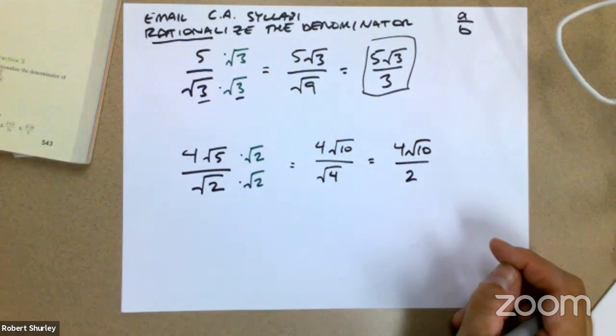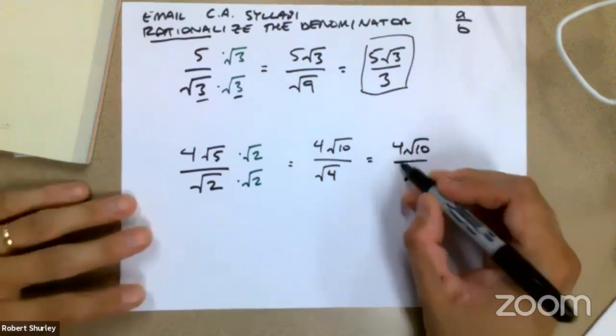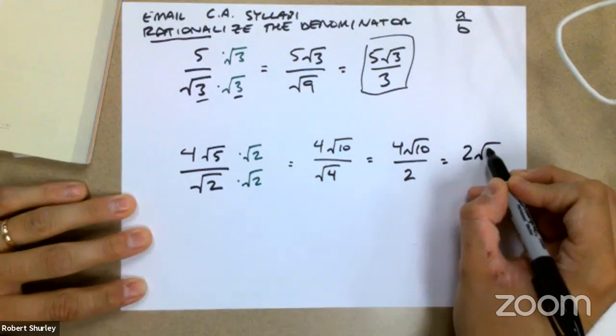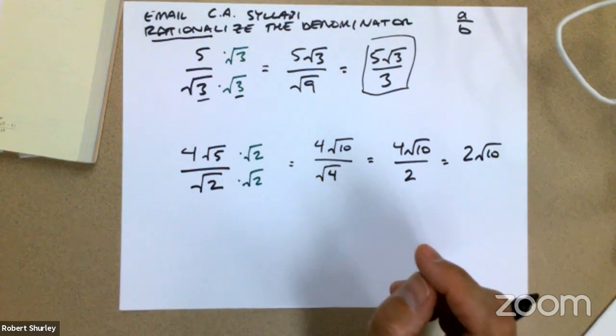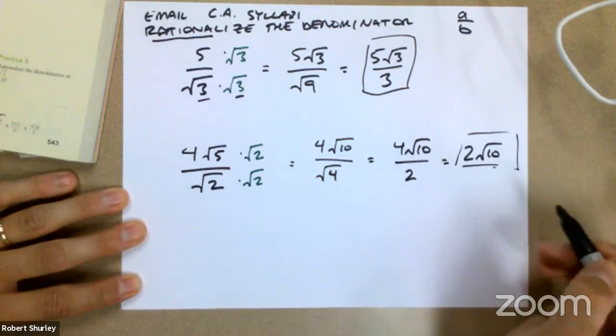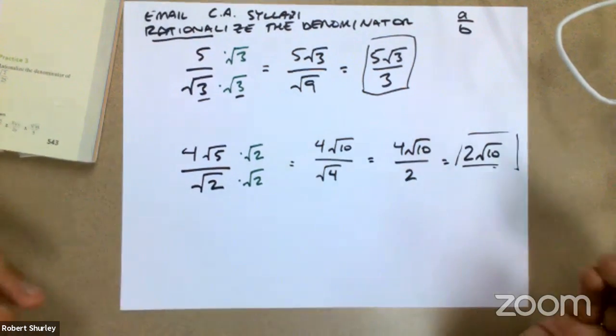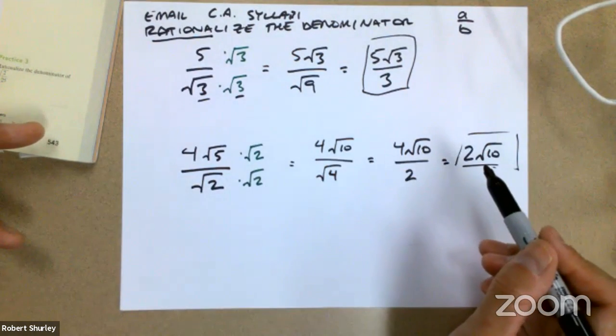And then what's 4 divided by 2? That's just 2. So we get 2 square root of 10. So this winds up being our final simplification. It's not really a solution. We're not solving for anything. We're just simplifying.